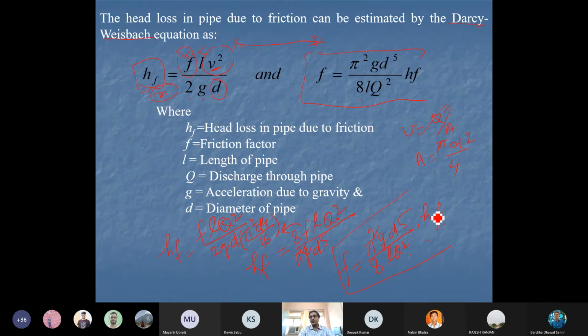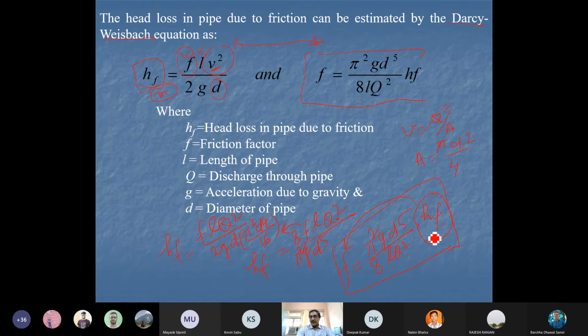So our target is to first measure the head loss due to friction in the pipe, and from that find the friction factor of that particular pipe of that certain material. Then you can compare whether changing the diameter will affect the friction factor value of the pipe.